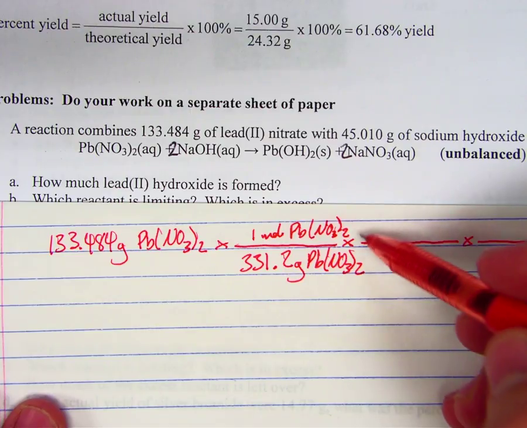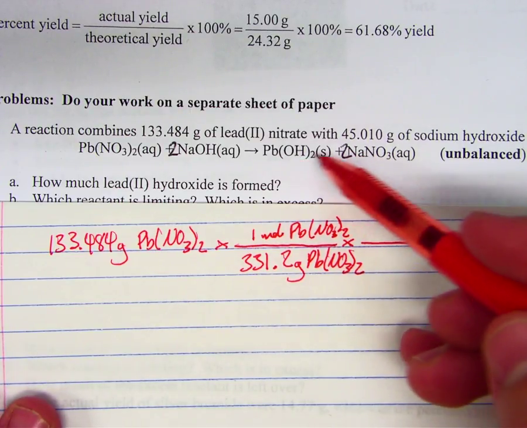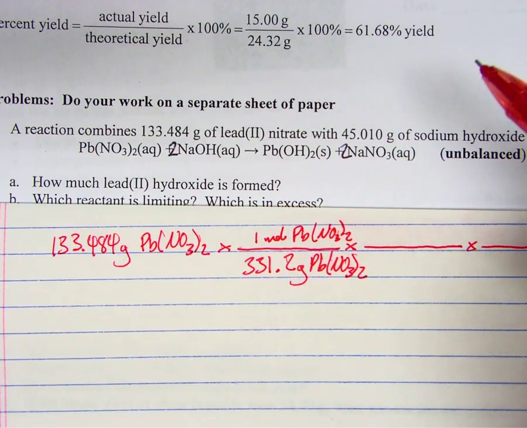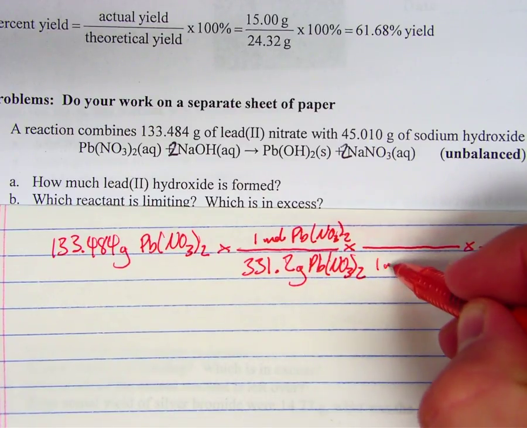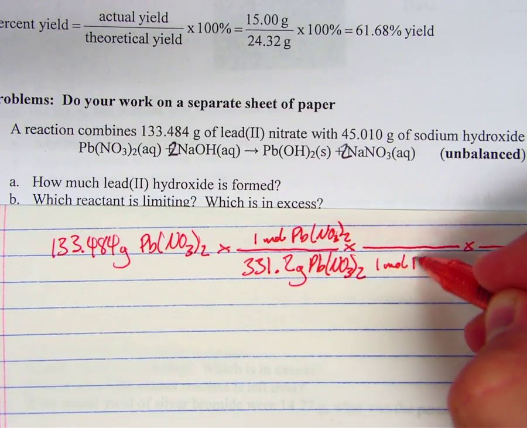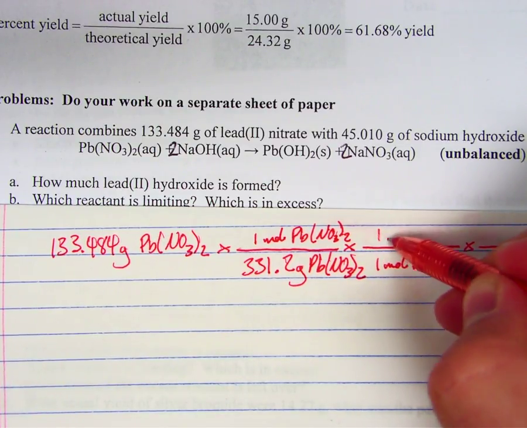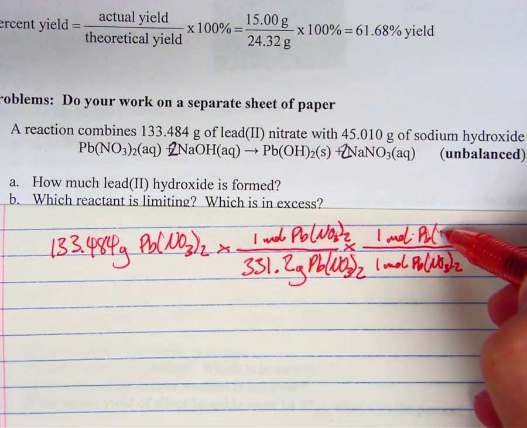So the molar ratio of Pb(NO3)2 to Pb(OH)2, or the molar ratio of lead II nitrate to lead II hydroxide, is 1 to 1. So we have 1 mole of Pb(NO3)2 and 1 mole of lead hydroxide, Pb(OH)2.